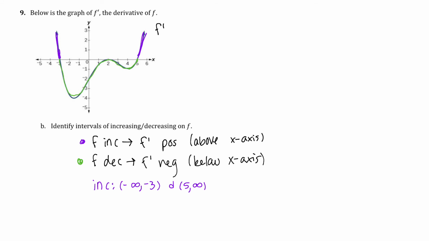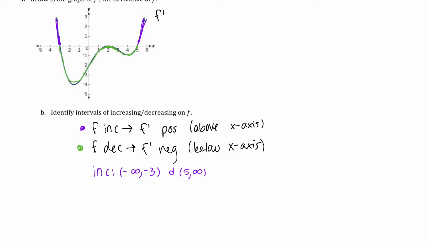Now, technically, you could say that it hits 0 here, so it's not below, but I'm not gonna get into those details here. I'm just gonna say it's below the entire time, so it is decreasing that entire time from -3 to 5.